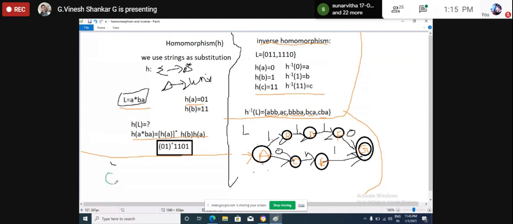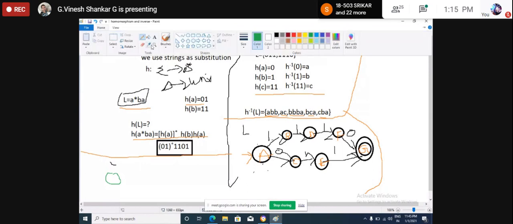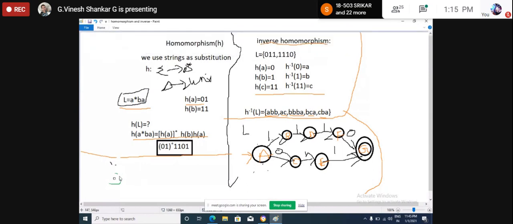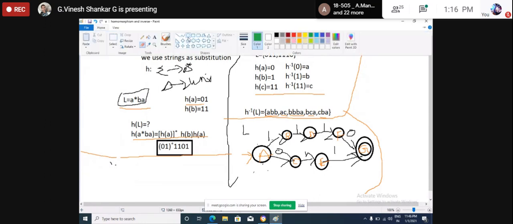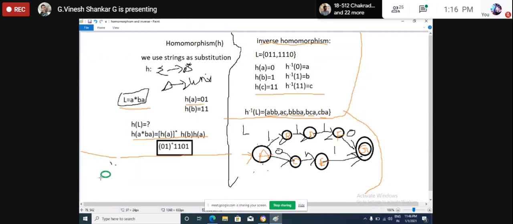This has the initial state A. This has B. This has D, this has F, this has C, this has E, and this has G.